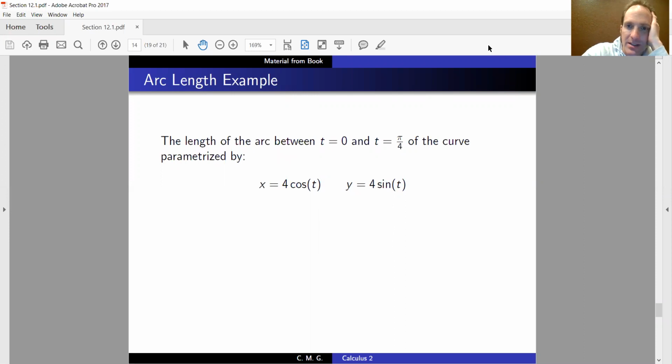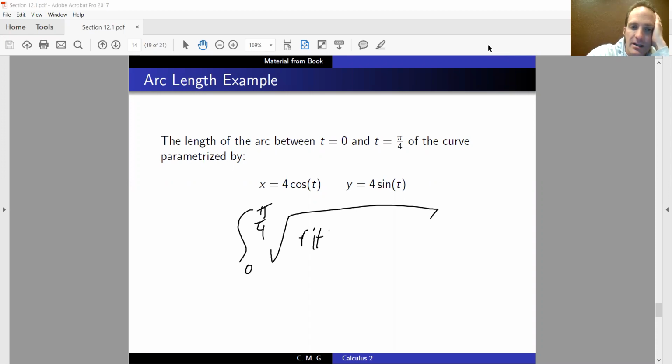So an arc length between 0 and pi over 4 of this curve, 4 cosine t, 4 plus 4 sine t. And so I'm going to integrate from 0 to pi over 4 the square root of f prime of t squared plus g prime of t squared dt. So what do I get?